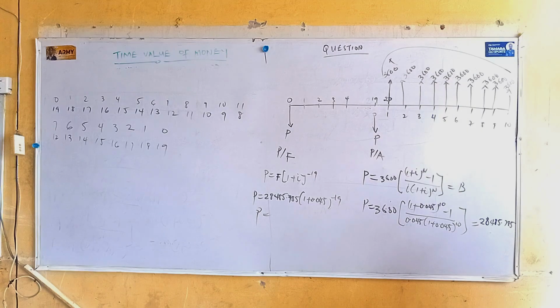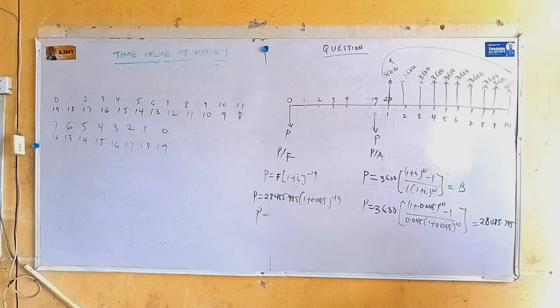What is the equivalent uniform annual cost of $250 per year for 12 years, starting 5 years from now, if the interest rate is 12%? This one is a little bit tricky. What they mean is that somebody is depositing $250 every year for 12 years, starting 5 years from now.